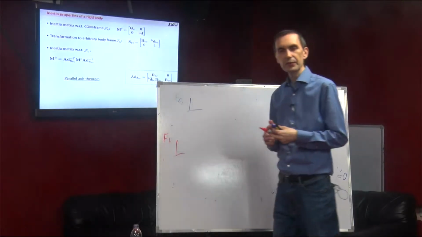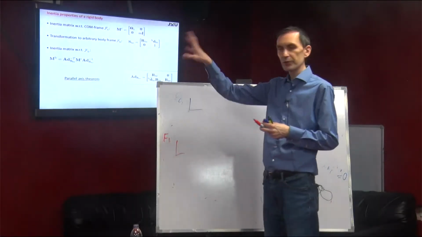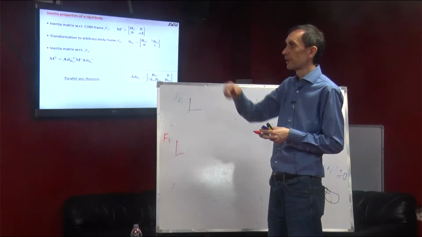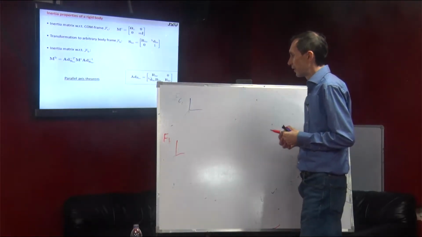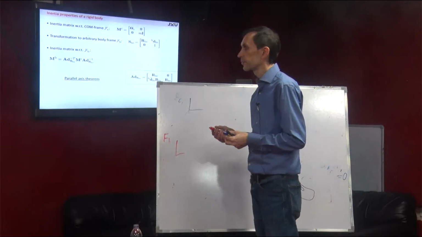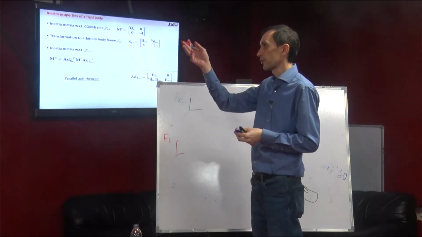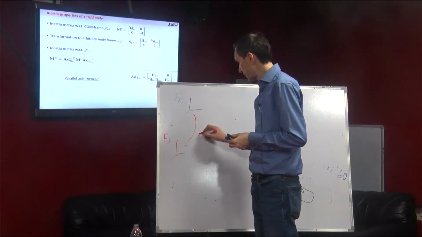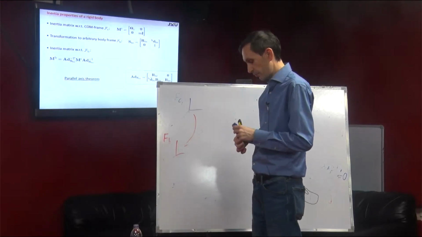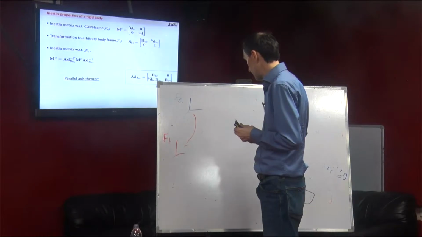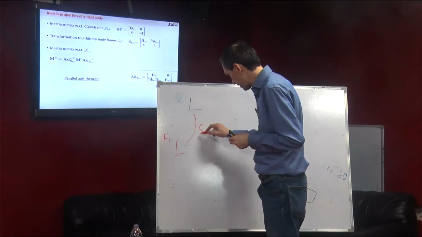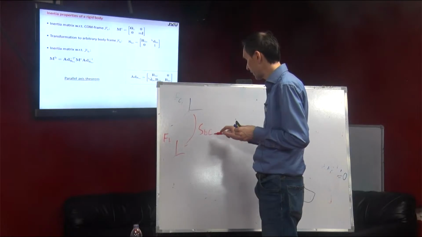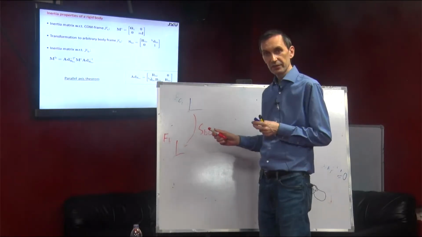So I would like to express my inertial tensor, all my inertial properties, which you call inertial matrix. This matrix M is a 6 times 6 matrix. And there is a transformation that goes from C to B. That goes this way, okay? And we call it S. It goes from C to B, okay? Source and target, always like this.